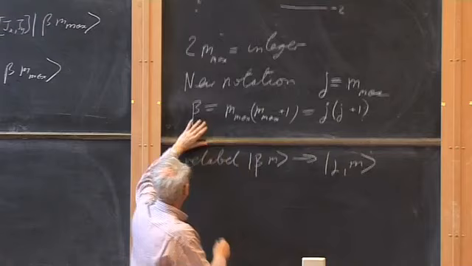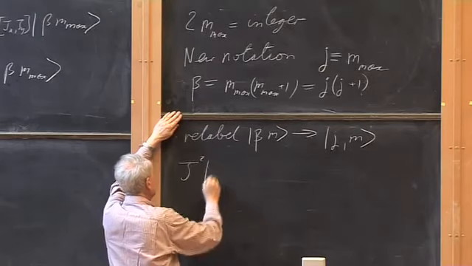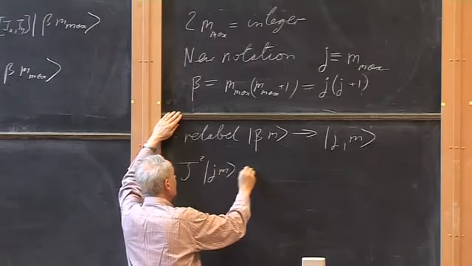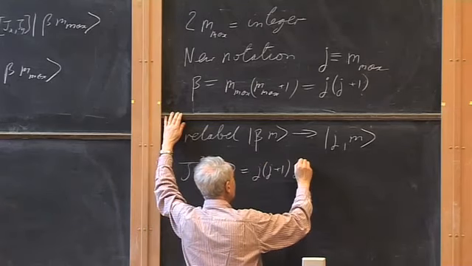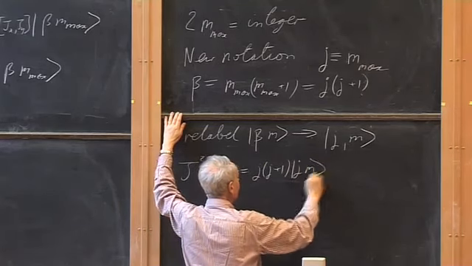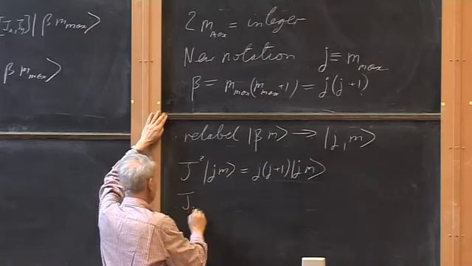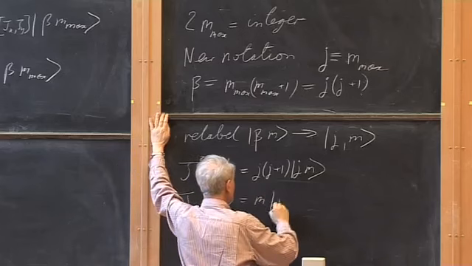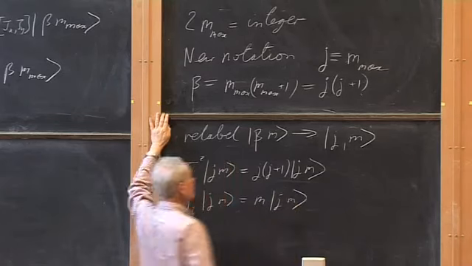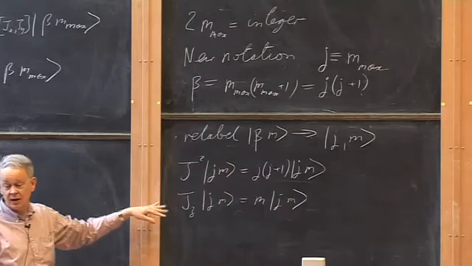That is to say, we have that j squared on jm is equal to j(j plus 1) jm. And we have that jz on jm is equal to m of jm. This is the new notation universally used.